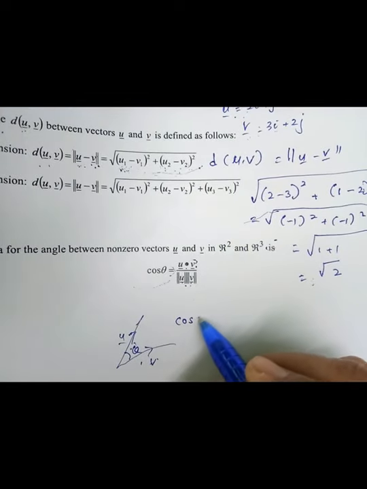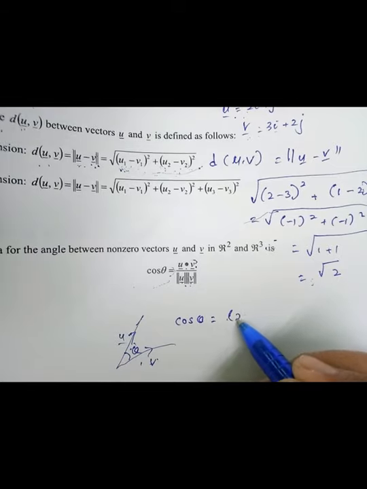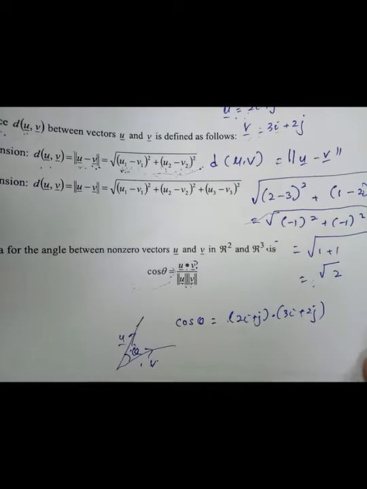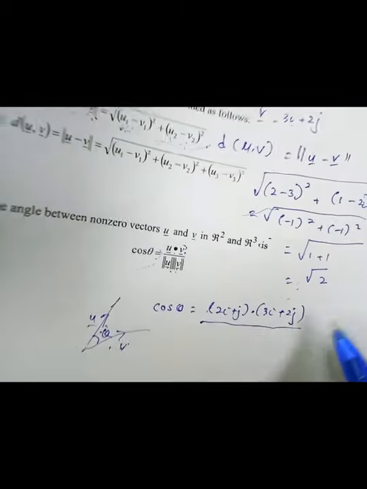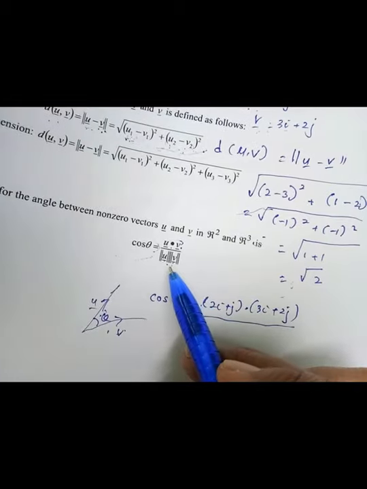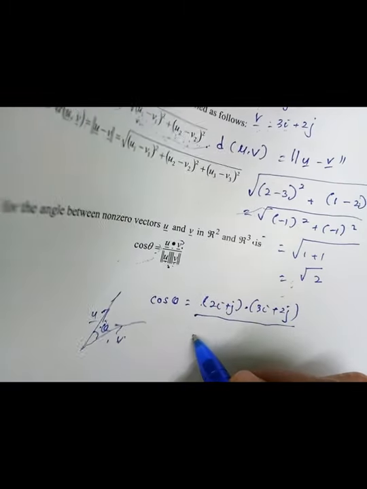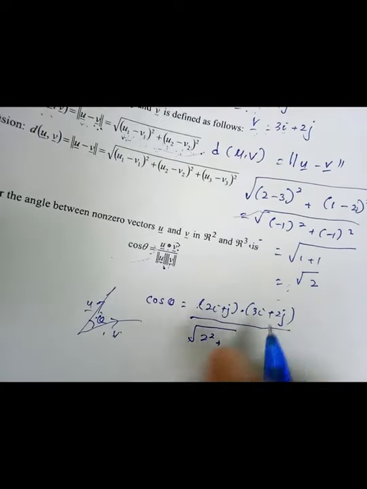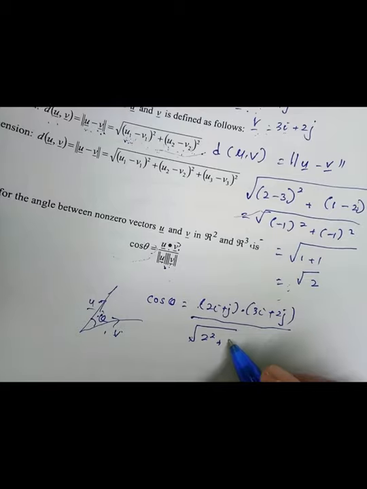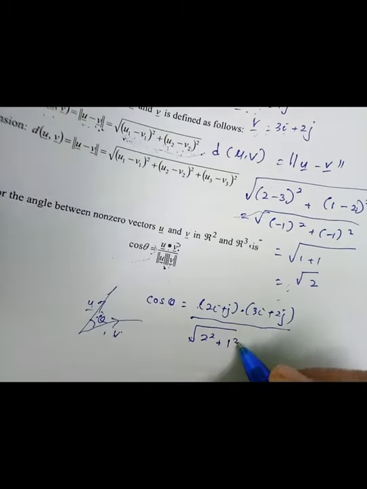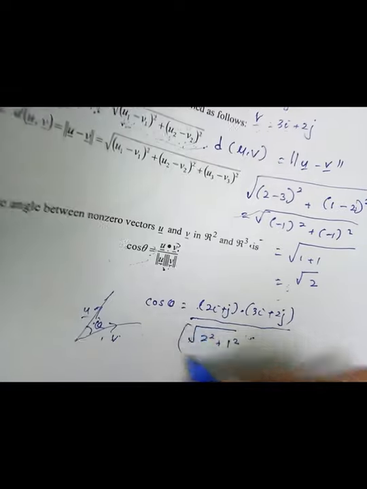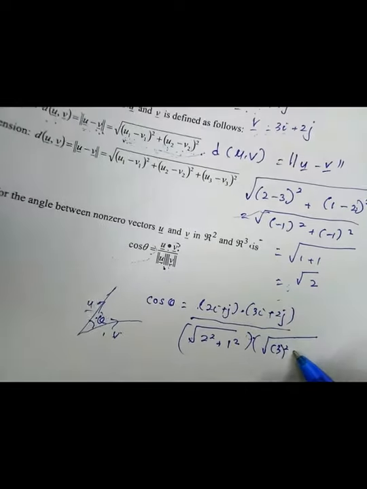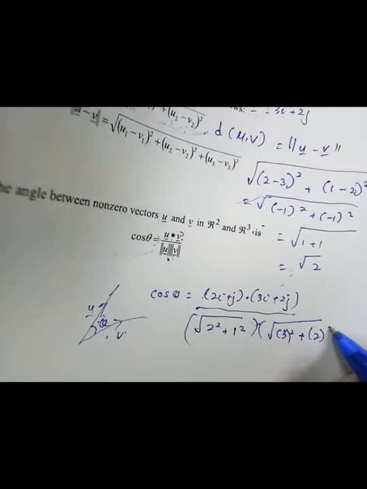So cos theta is u dot v, 2i plus j dot 3i plus 2j, over the length of u, which is the square root of 2 squared plus 1 squared, multiplied by the length of v, the square root of 3 squared plus 2 squared.